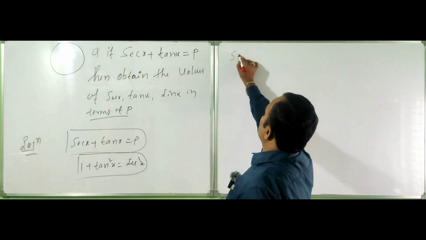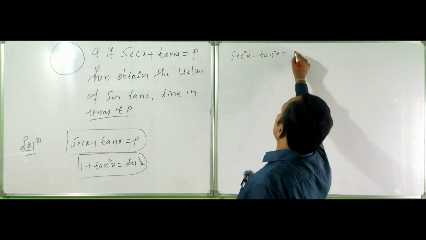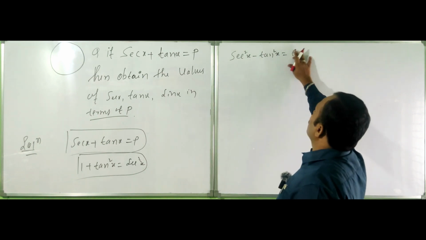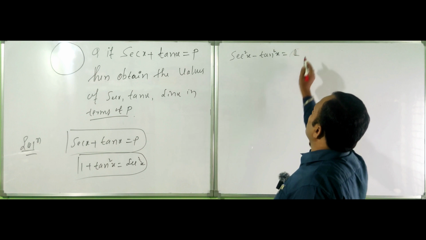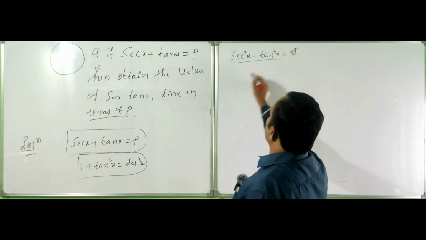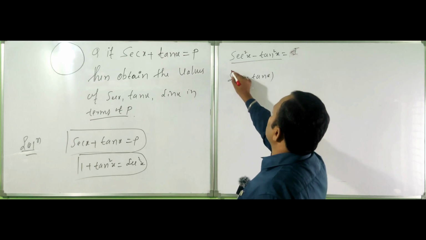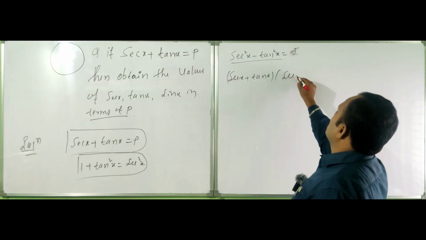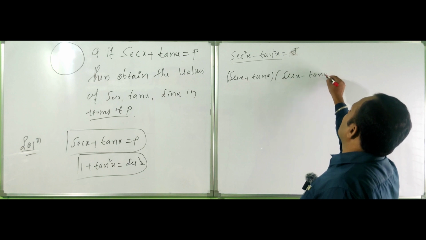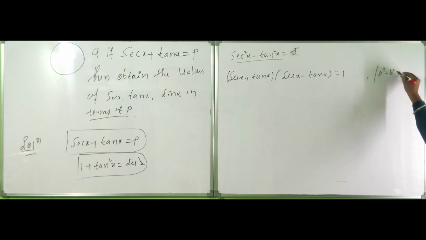It means sec square x minus tan square x is equal to 1. So you can write (sec x plus tan x) into (sec x minus tan x) is equal to 1, because a square minus b square is equal to (a plus b) into (a minus b).